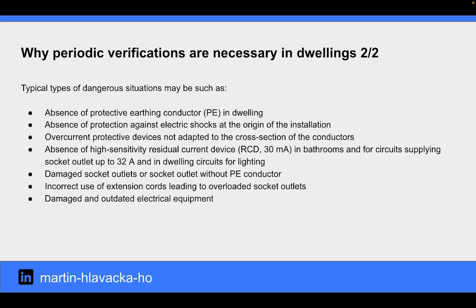Damaged socket outlets or socket outlets without PE conductor, incorrect use of extension cords leading to overloaded socket outlets, or damaged and outdated electrical equipment.